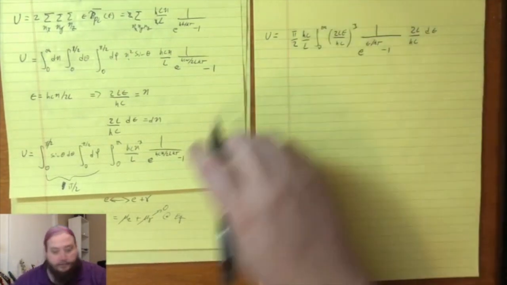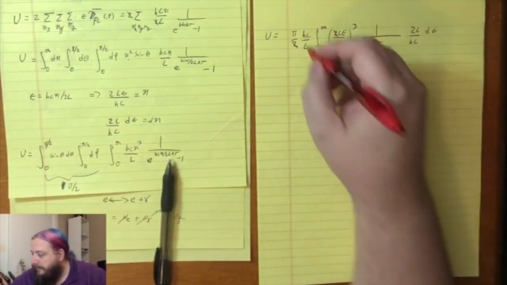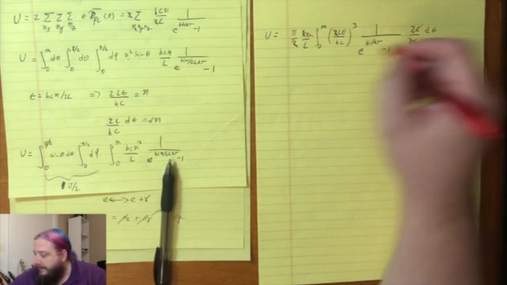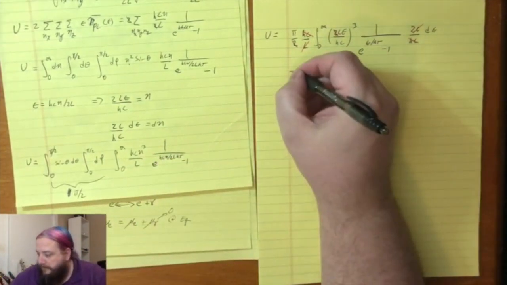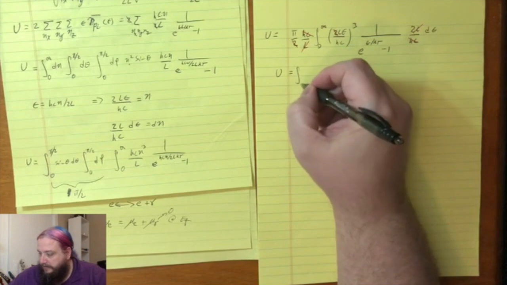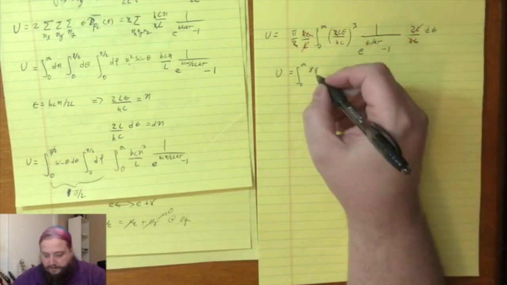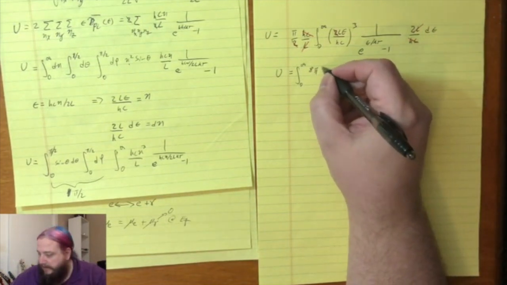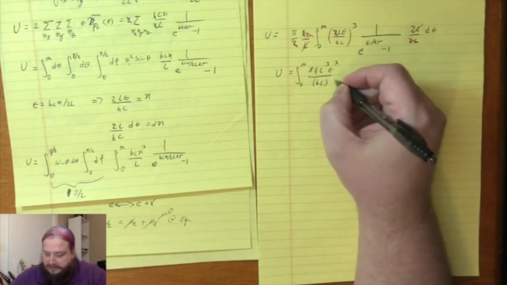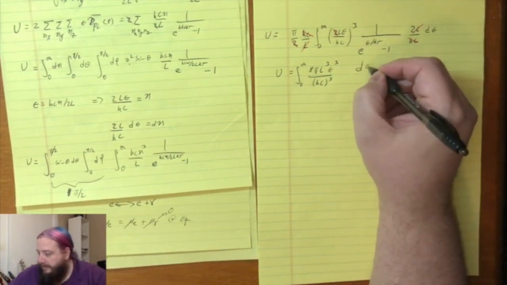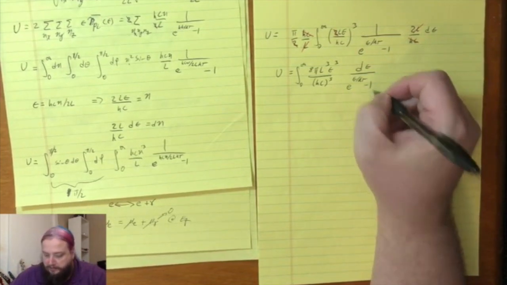And let's see, the 2 cancels with the 2. The hc cancels with the hc. The L cancels with the L. And so our energy integral, 0 to infinity, 8 pi L cubed, energy cubed, over hc cubed, and the integral dE over e to the energy over kT minus 1.